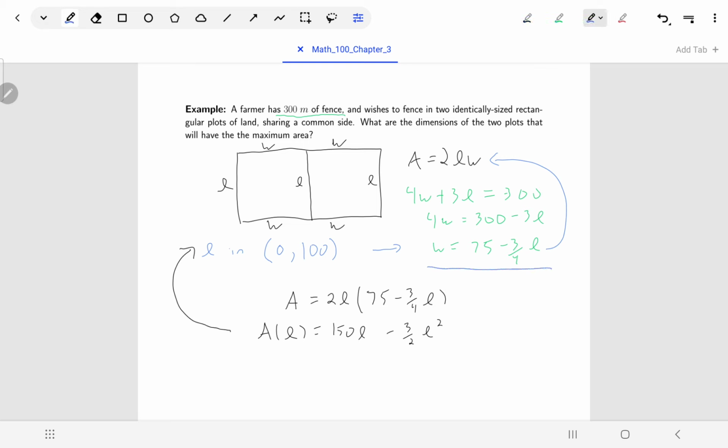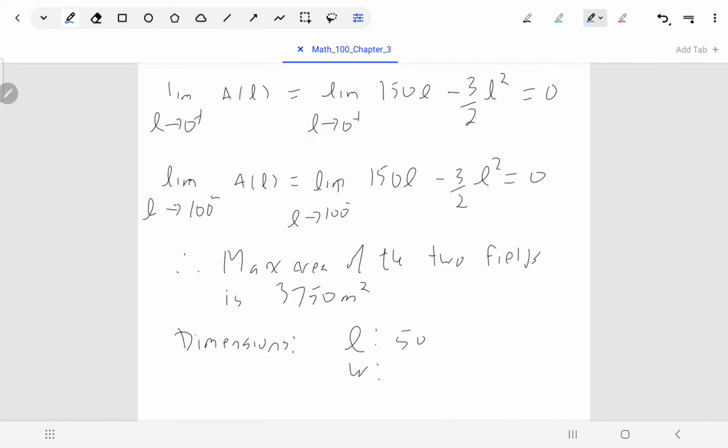If we know that length is 50, we can use that equation to find out what width is, and it turns out that width is 37.5. And of course, the units for both are meters. So if we have the shared side being 50 meters and the widths are 37.5 meters, that will give us the maximum area for the two fields.